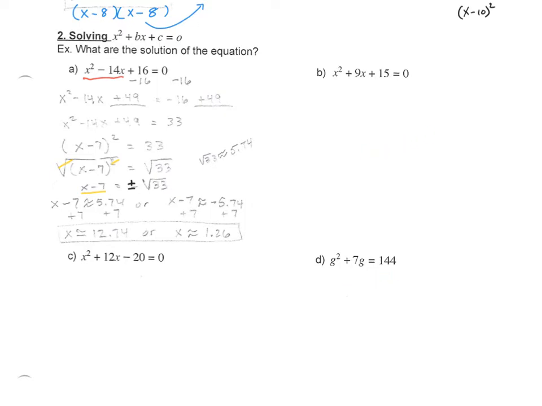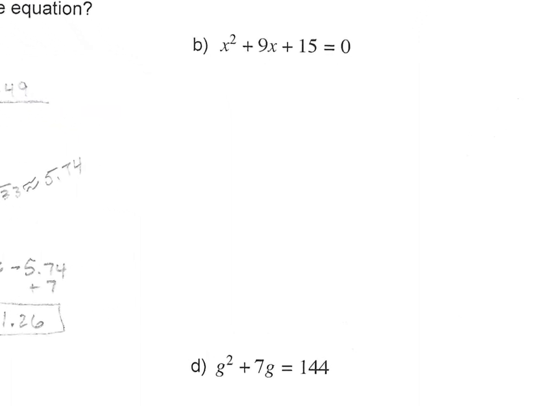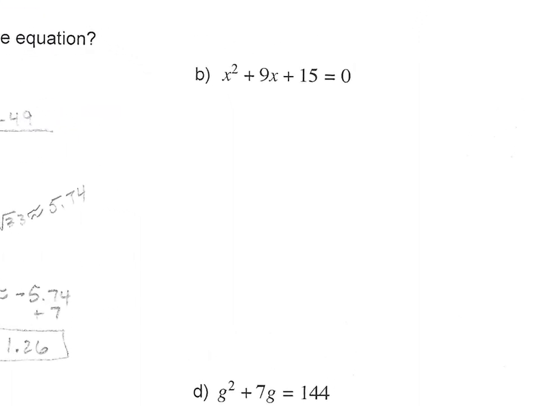As we go on with these examples, again, I want to do my inverse operations here. I have completing the square, x squared plus 9x plus something is going to equal, and I'm going to move that negative 15 over to the other side, plus whatever that value is.